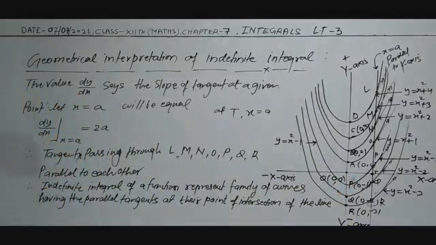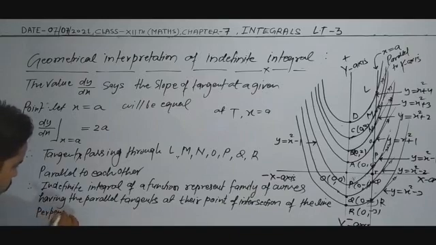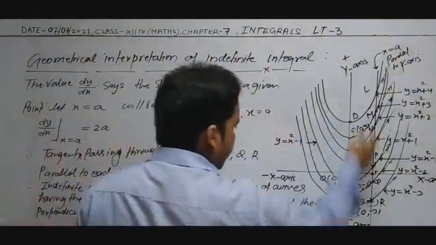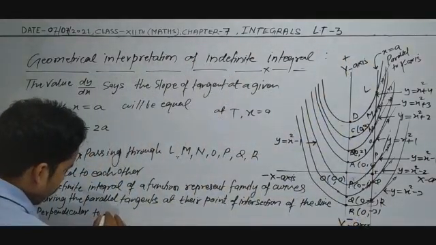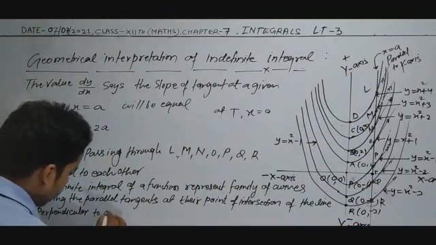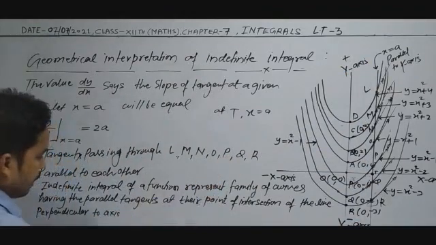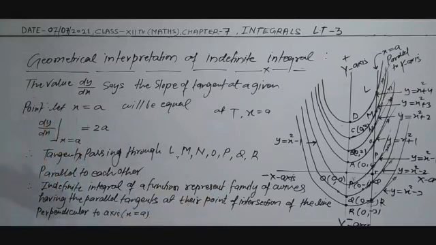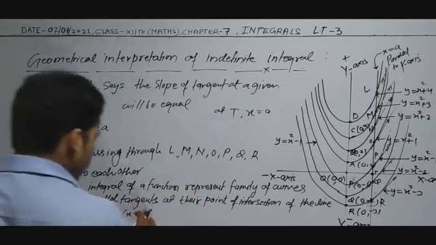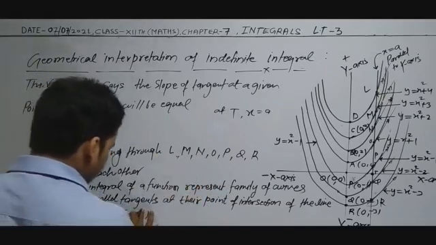This is the line perpendicular to the axis. We have taken perpendicular to the x axis, so x is equal to a.